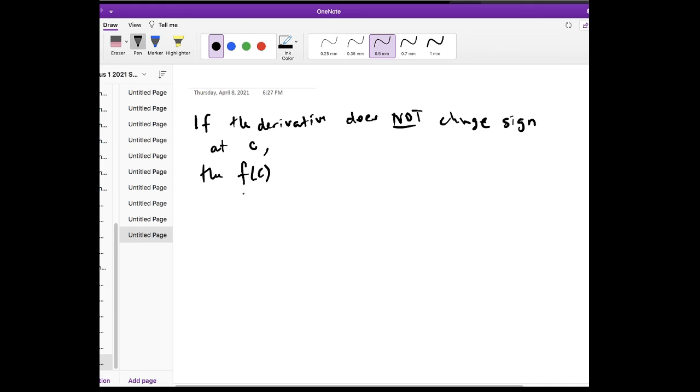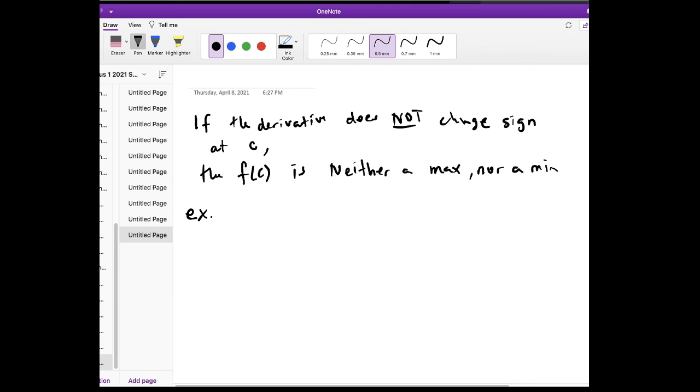So if the derivative doesn't change from positive to negative or negative to positive, what do you think f of c is? Yeah, it's neither a max or a min. Can you think of an example? It's an example where that's true.